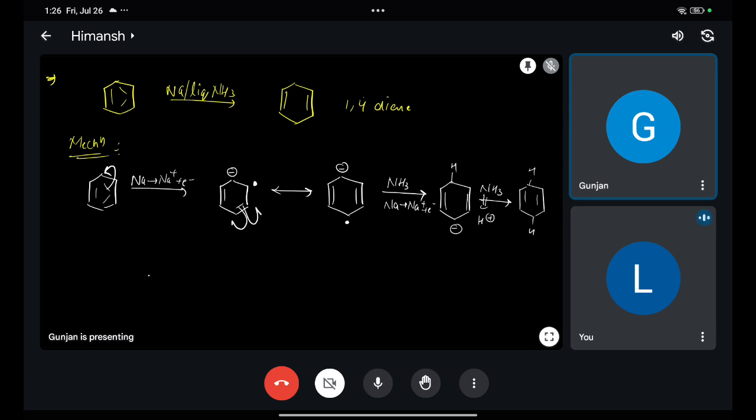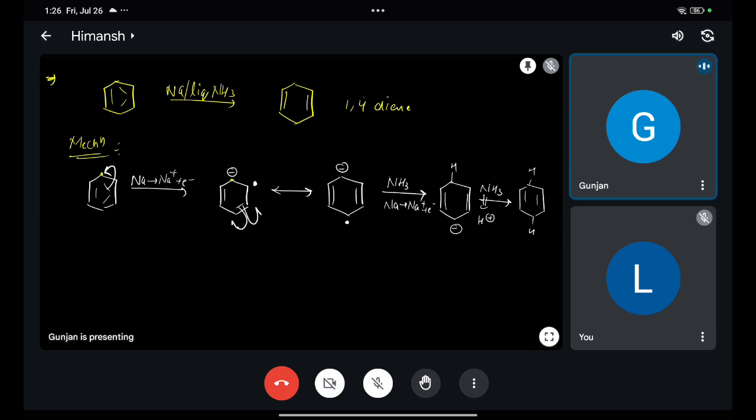Ma'am, can you explain this again? Okay. See, the first step is clear to you. The bond shifted over to this carbon. This carbon got a negative charge, and this carbon got a radical. Radical means this positively charged carbon took an electron from Na and created a radical.